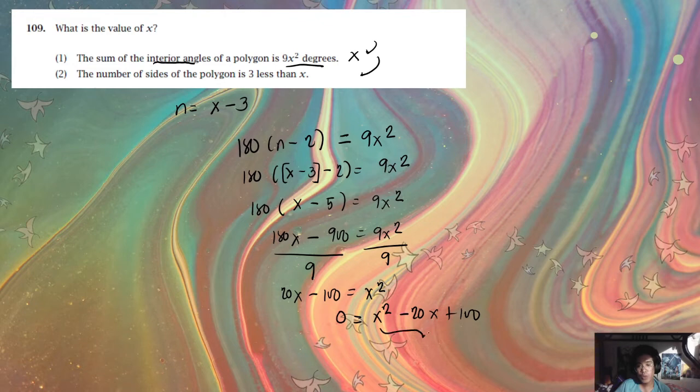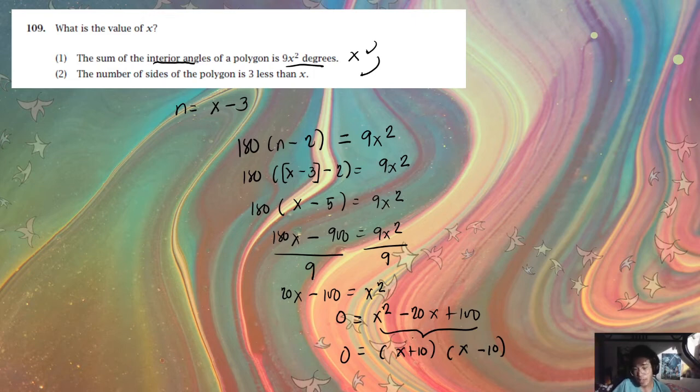Now, we have here a trinomial, and it's not just a regular trinomial, so we can form a square of a binomial for this problem. We can say that the first binomial is going to be positive 10 if we're going to try to factor it, and the other binomial for this problem would be x minus 10.